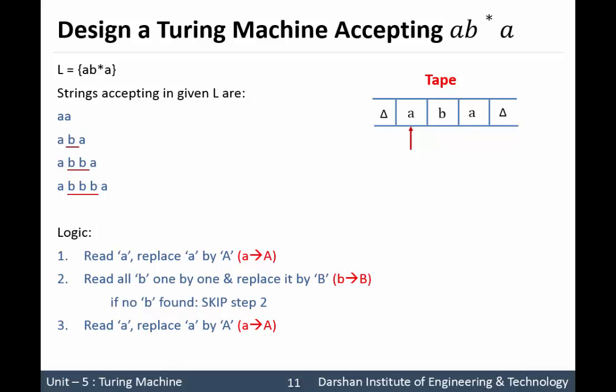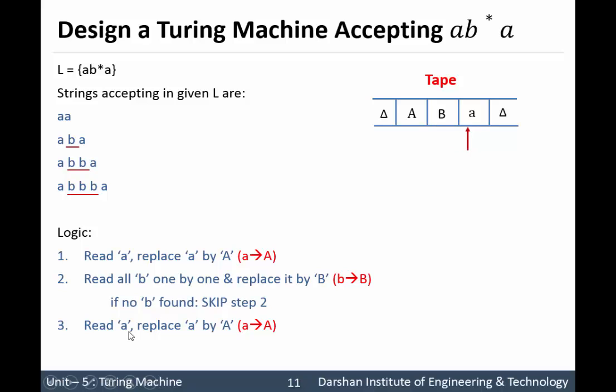Now in the right direction we have small a. So as per our logic, read a on the tape and replace a by capital A. Now we have small b. So read b on the tape and replace it with capital B. Again move to the right direction.